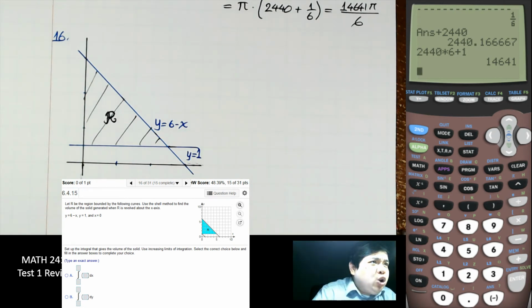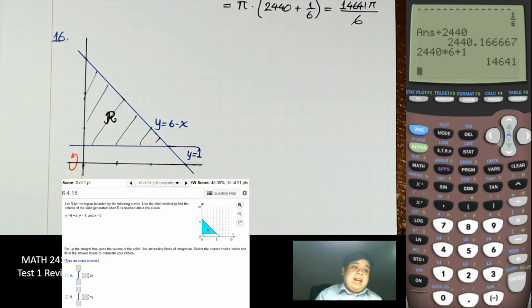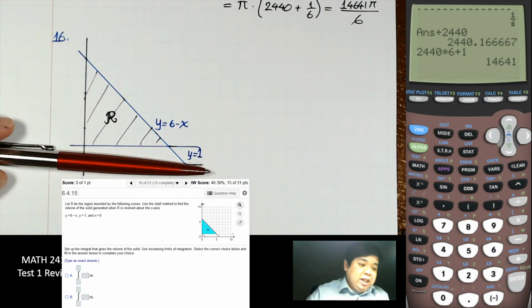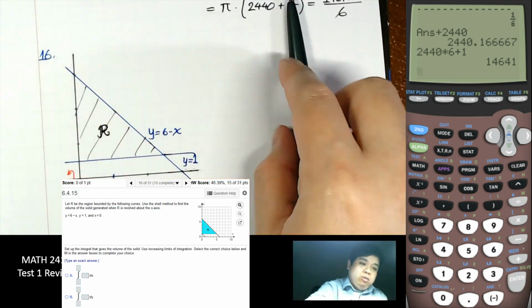Right. Use the shell method about the x-axis, so it will be rotated about the x-axis. Now the shell method, the axis of rotation is horizontal, so the shells will be perpendicular to it. If it is perpendicular to it, this has to be dy.